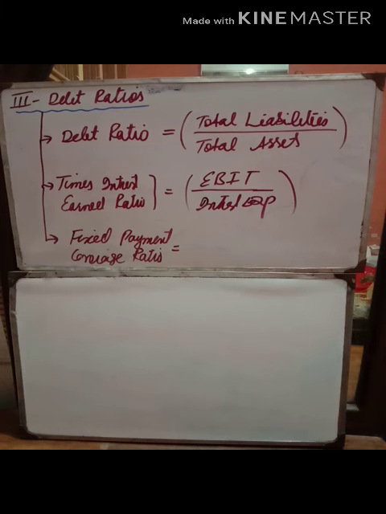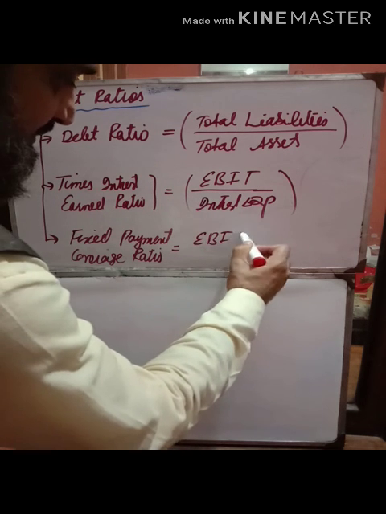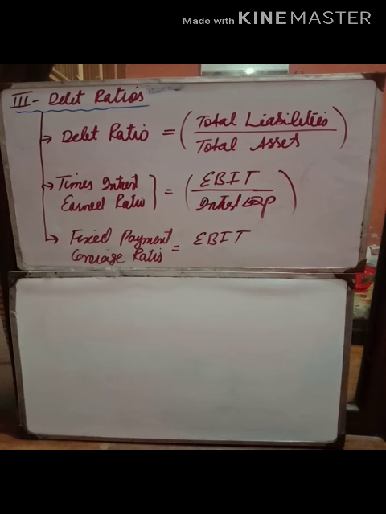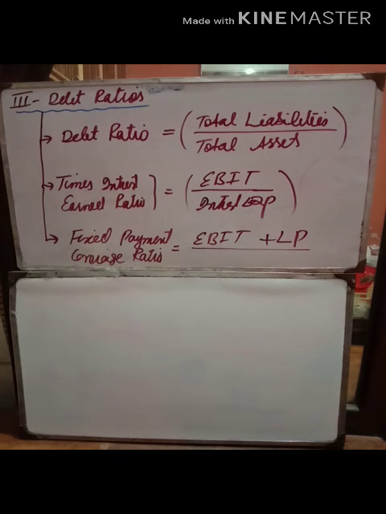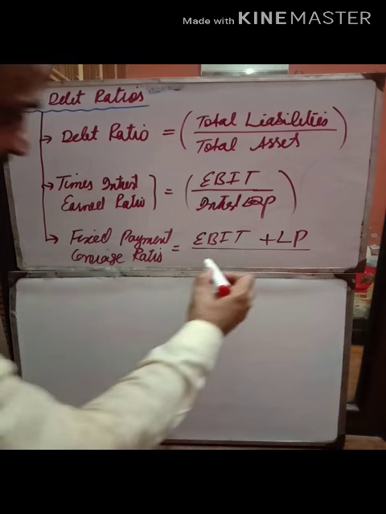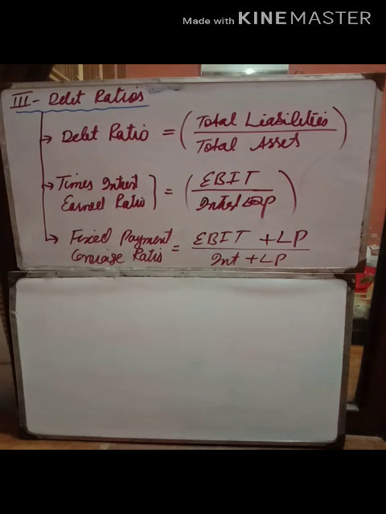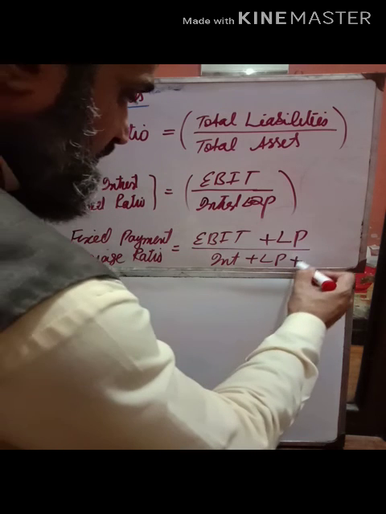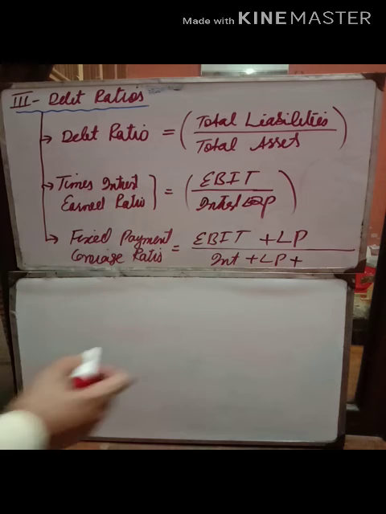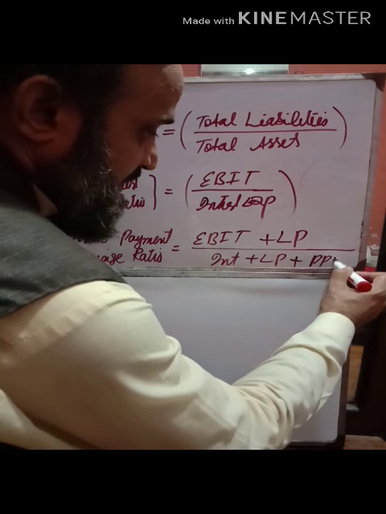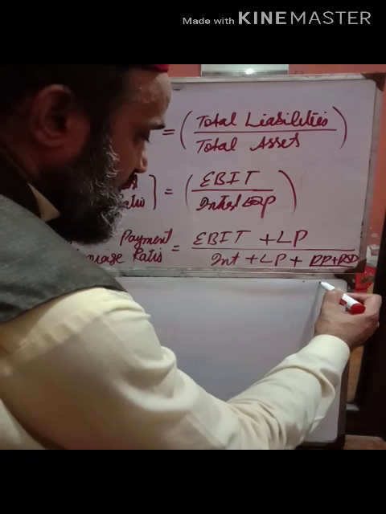We can calculate the fixed payment coverage ratio by earnings before interest and tax, EBIT, or you may say operating profit, plus lease payments, divided by interest expense plus lease payments, and also add in the denominator principal payments plus preferred stock dividend, and this portion is divided by 1 minus t.